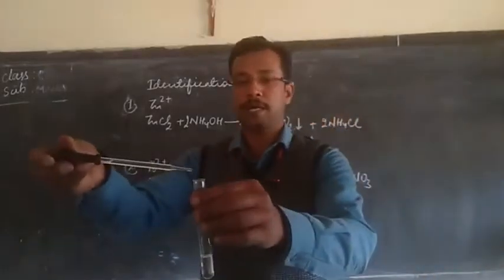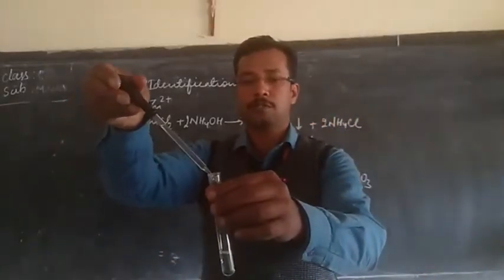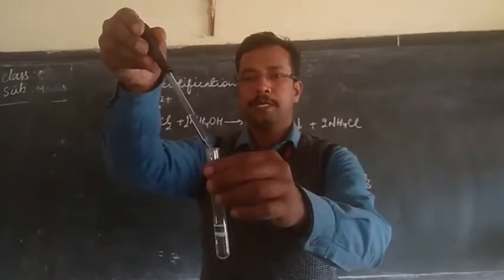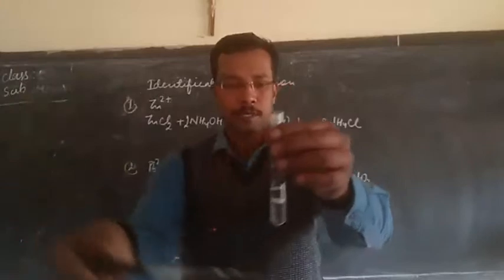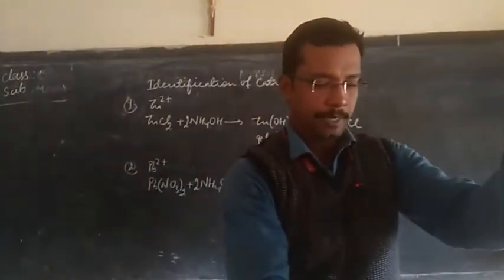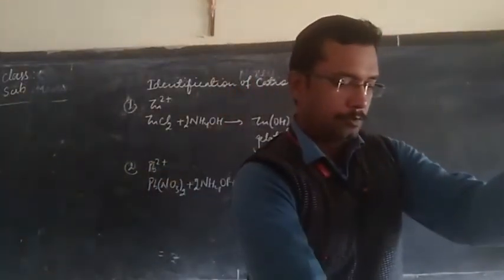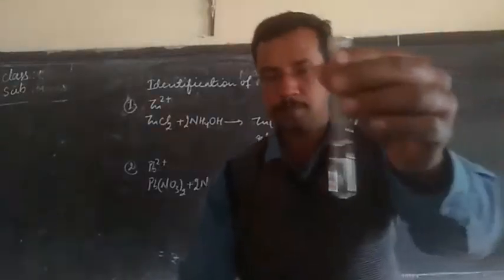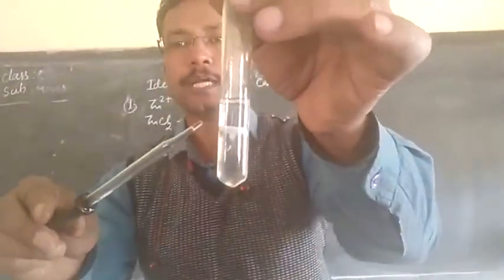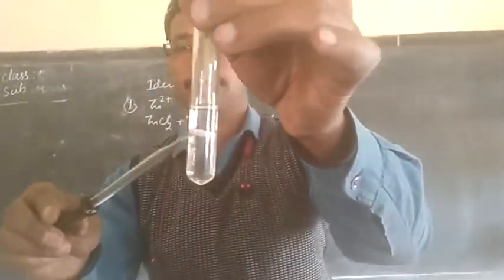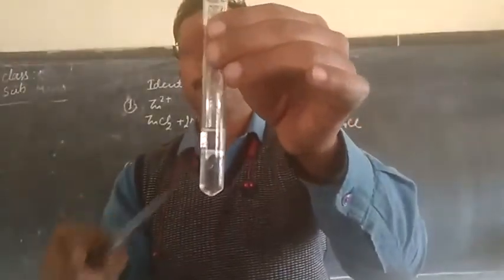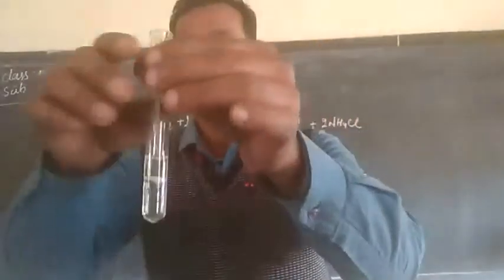I am going to add ammonium hydroxide solution to it, and you can see now a precipitate has been formed. If I bring it closer to you, then we can easily see what precipitate has been formed. You can see it is the thick or gelatinous white precipitate that has been formed in the solution, and this precipitate is called zinc hydroxide.